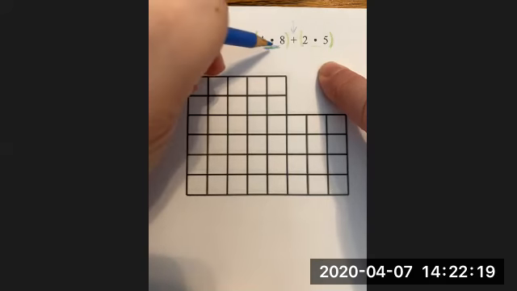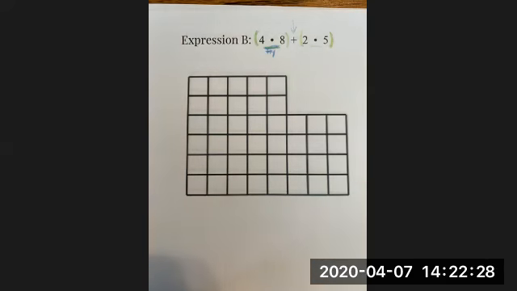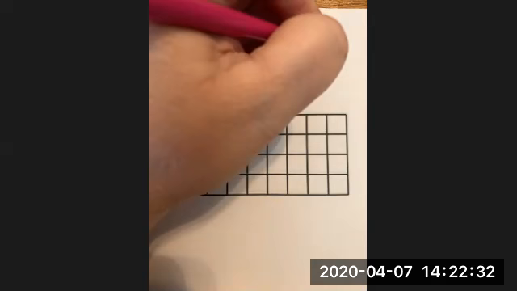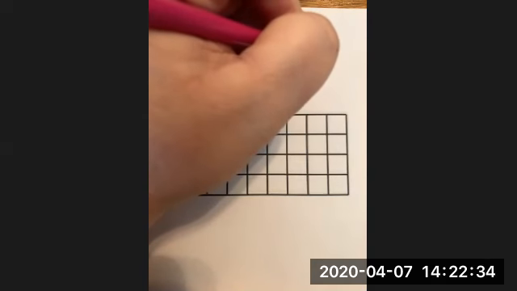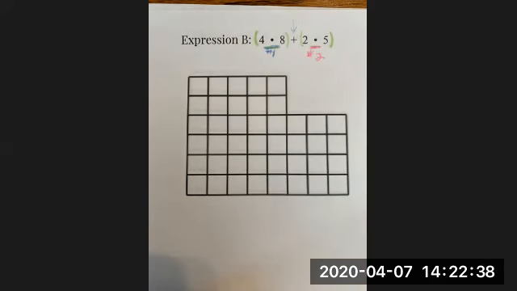In fact, so this will be part number 1. I'm going to do that one in blue. And then I have part number 2, and I'm going to do that one in this pinkish color here. So I'm going to look for part number 1, which is the 4 times 8.